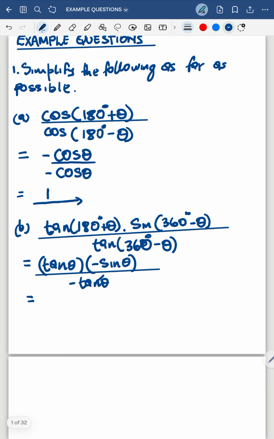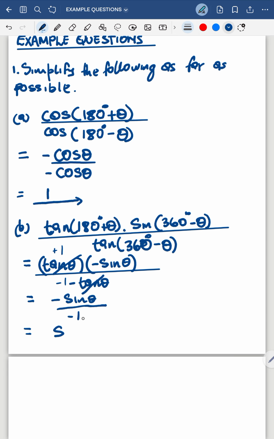So tangent will divide with this tangent. So here we will be left with -1 and +1 here. So +1 multiplied by negative sine theta is going to be negative sine theta. Then all divide with this -1 that is left here. Then you will be left with positive sine theta, because negative divided by negative is positive.